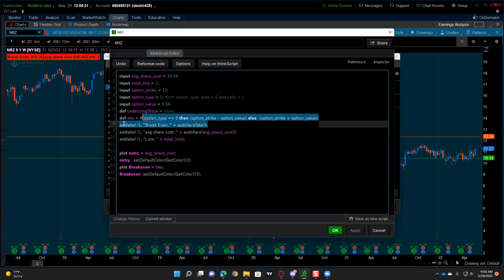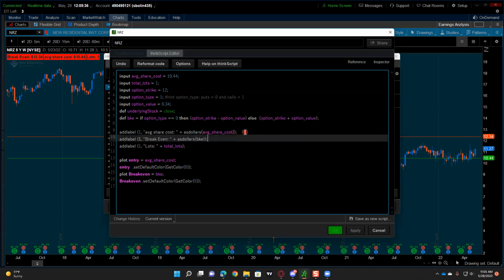Well, I want them in order, so I guess we'll move it. So we got our average share cost, and then our break even, and then our lots.